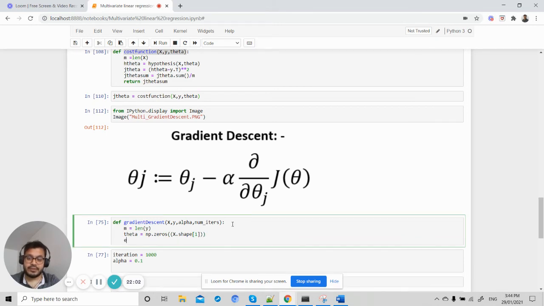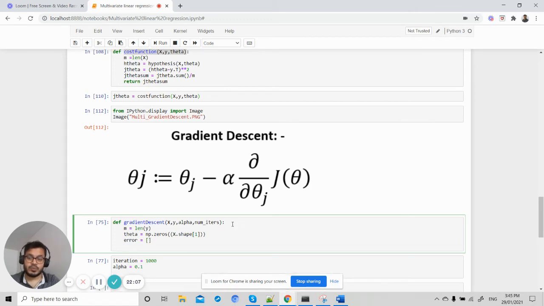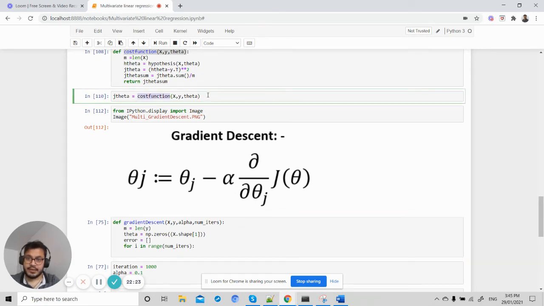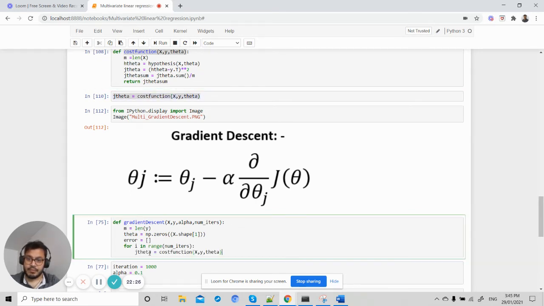Okay, so let's create an empty list of number of items. So we will store our error in, we'll append our error here in the error list, an empty list. So J of theta.